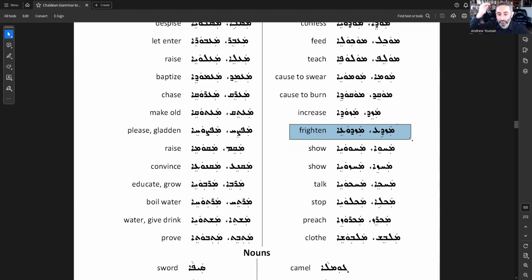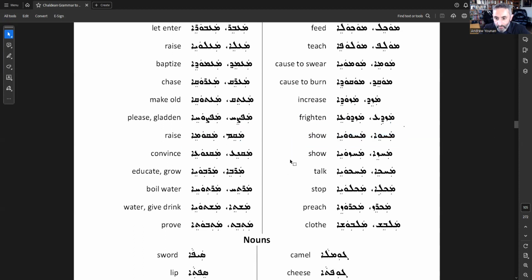You see how this is nonstop. Every single example so far really does work, and it really is a causative. Machwe, machwoye is to show. Chawi, it's rare in spoken Chaldean, but chawi means to be shown, to be revealed. Machwi is to cause something to be shown, to show.